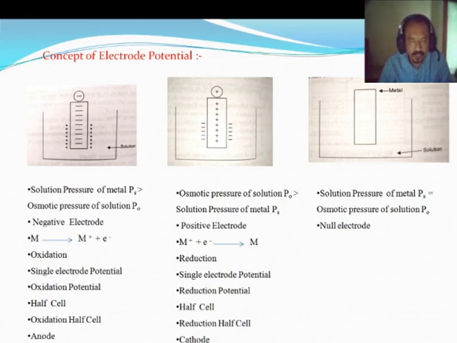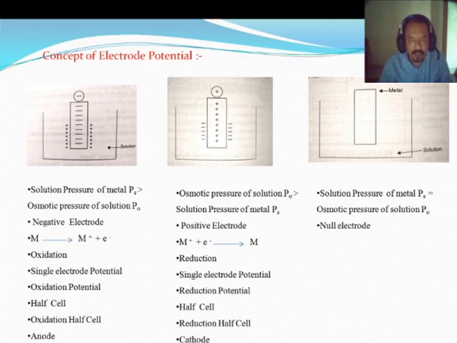Due to this, the electrode acts as a positive electrode. Now this reaction is that the metal ions accept electrons and get converted into the neutral metal atom. This is a reduction reaction.